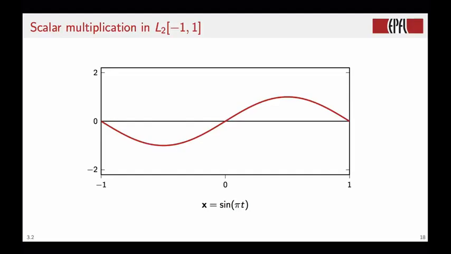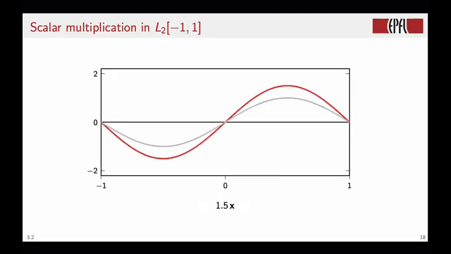As we said, vectors can be very general. So let's do the same with now continuous time functions. Here we have sine of pi t between -1 and 1, as usual. If we multiply it by 1.5, we get this new thing here, which is 50% bigger.